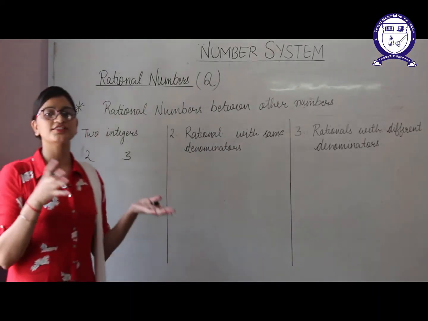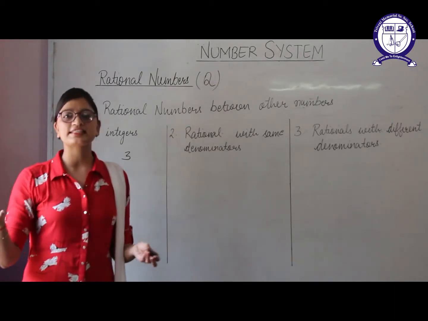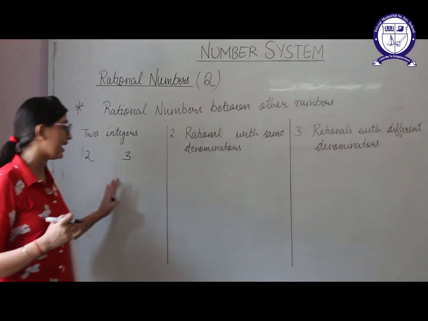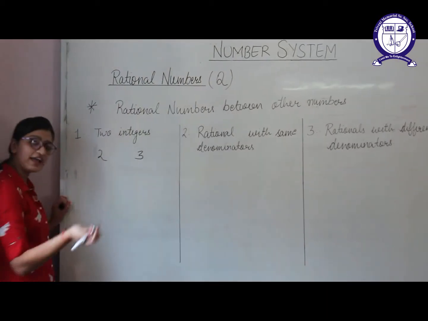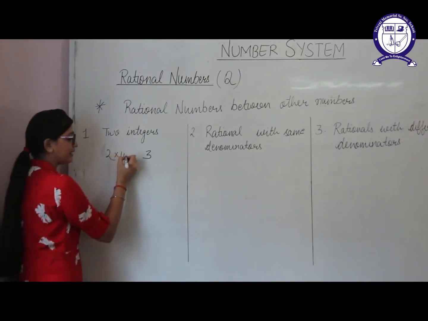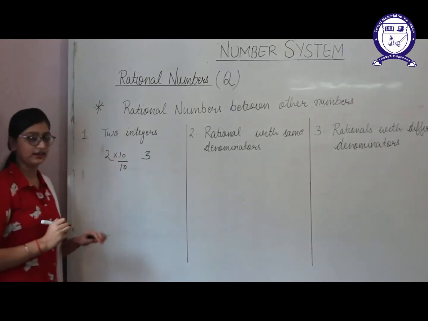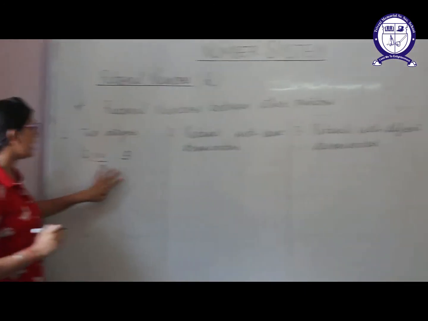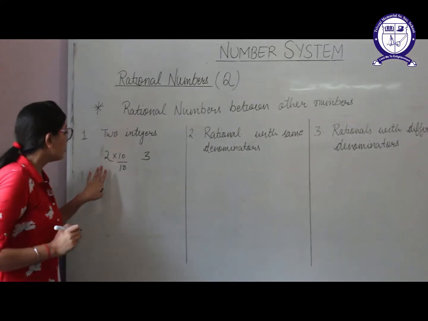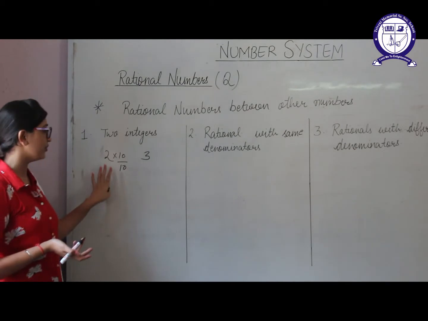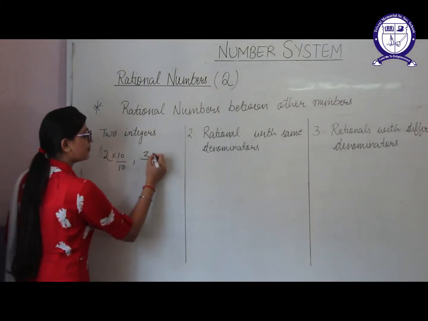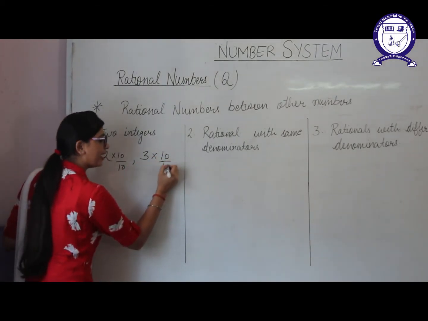Think of a number larger than 5. You can take 6, 7, 8, but I prefer to take 10. Why? Because it's easier to multiply. So what I will do, I'll multiply it by 10 and divide by 10. You can see that if I cut this 10 by 10, we will again get 2. So this is an equivalent rational number to 2. Similarly, I'll multiply 10 and divide by 10.